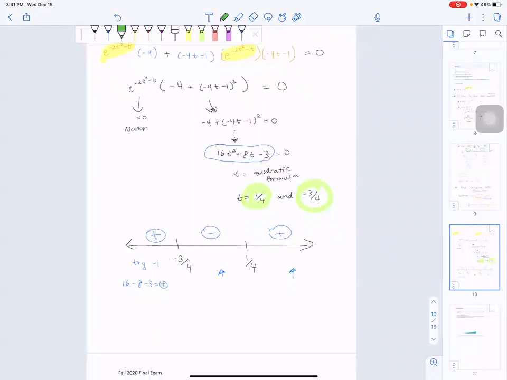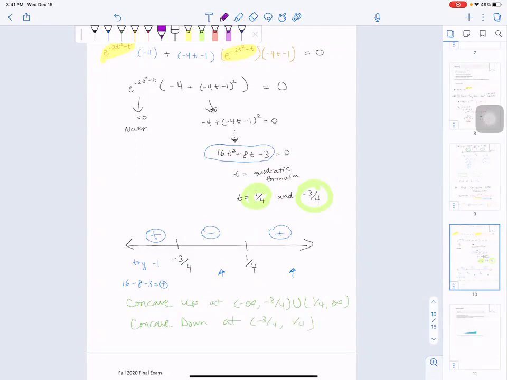What does this tell us? It tells us that we are concave up from -infinity to -3/4 and 1/4 to infinity, because that's where we have plus signs. And we're concave down from -3/4 to 1/4, because that's where our negative sign is.